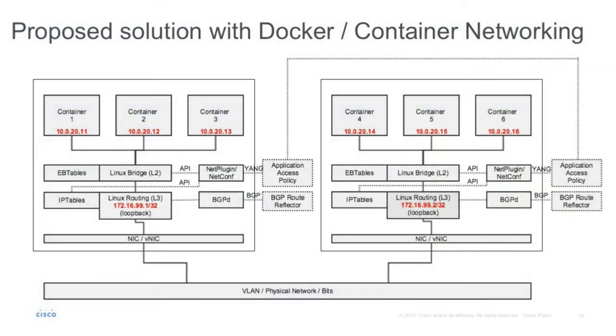And so this is our proposed solution for Docker and container networking. Basically what we're doing is using an existing provable control plane, like BGP, to devolve routing down into the individual Docker hosts. We're layering some standards-based application policy on top for security, but effectively then each host becomes its own router, and because you have a shared control plane, every other host knows about the container's IPs on each host in a scalable manner, without overlays, without on or off ramps.